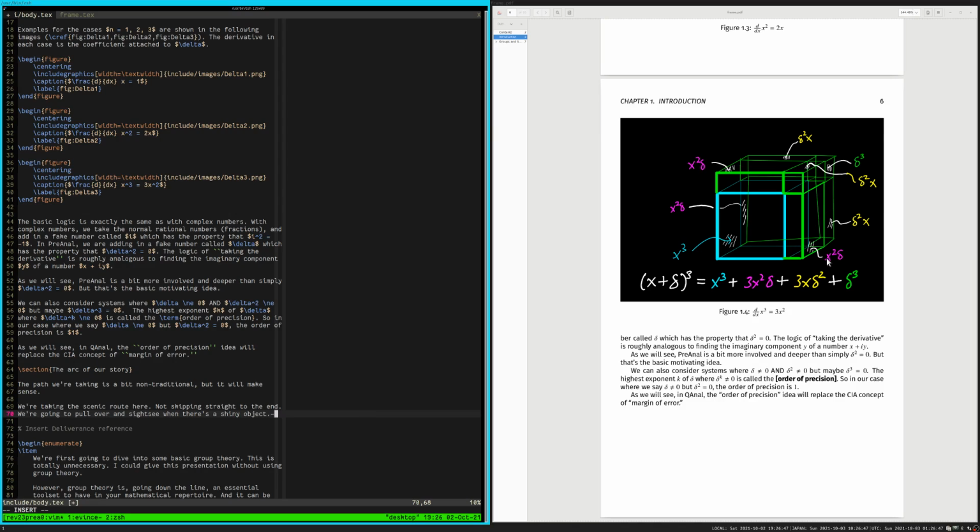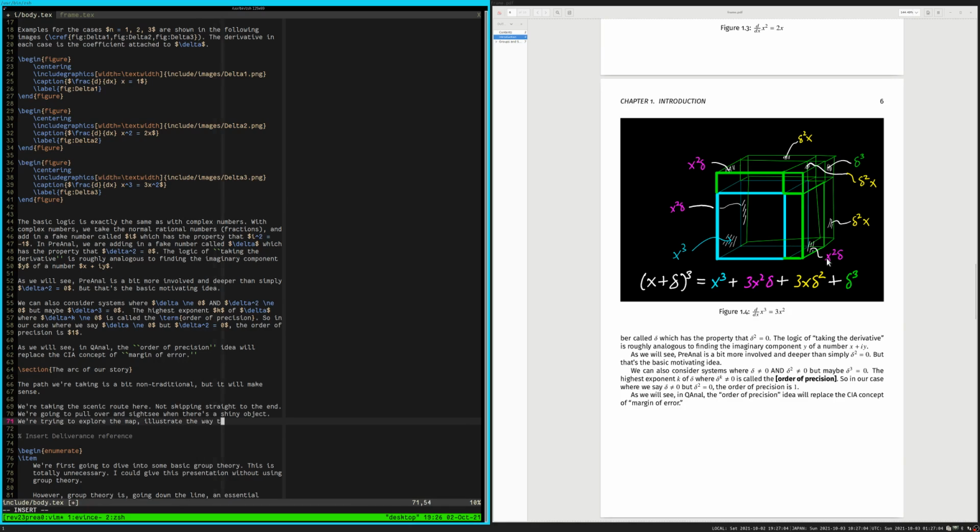We're trying to learn the landscape, explore the map, illustrate the way the landscape works, how the map ties into itself.